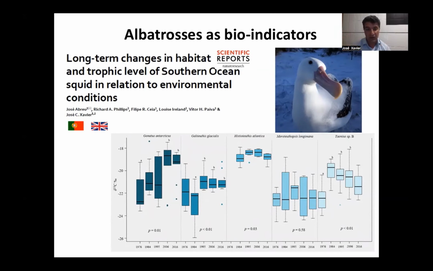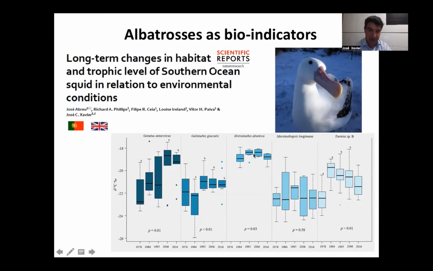And what they've shown is that generally they have a tendency to go to warmer waters, as you can see here. So the carbon actually reduces some of the species.